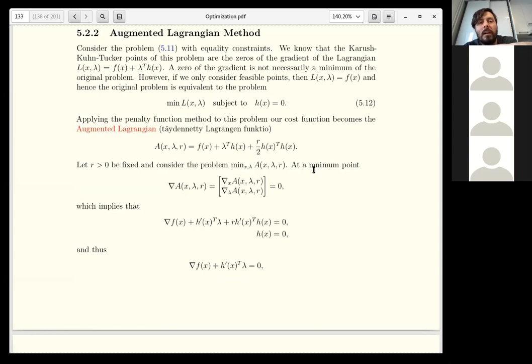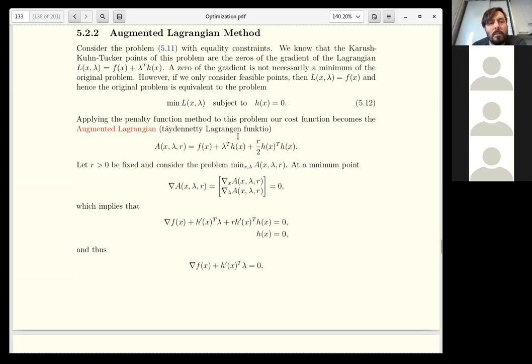It's based on the idea of using the Lagrange method in a way in which we transform the inequality constraint into an equality constraint, and then we augment the Lagrange function.